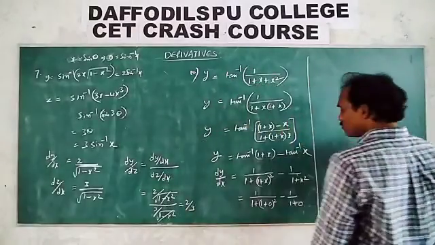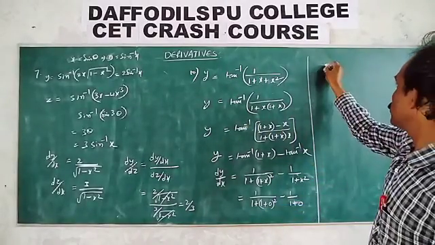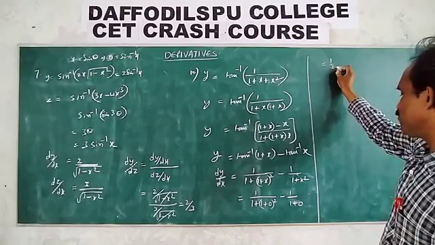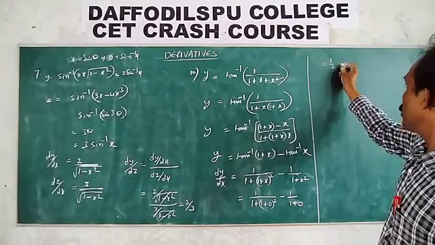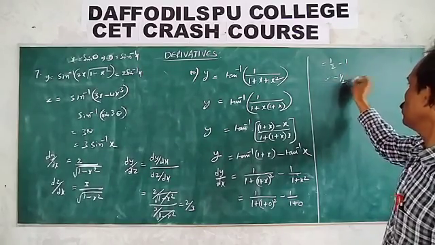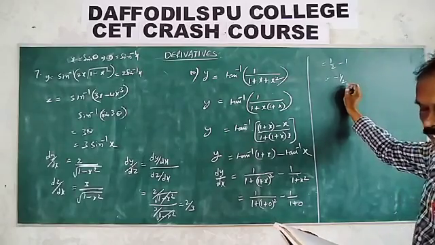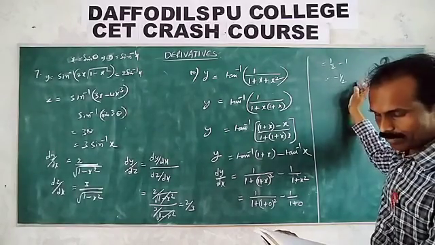Therefore this value is 1 minus 1 by 2, so the final answer is equal to 1 by 2 with a minus sign, that is minus 1 by 2. Second option is the correct answer.